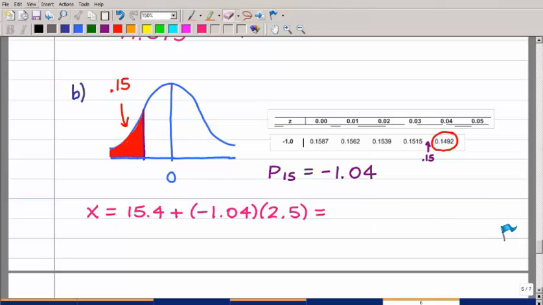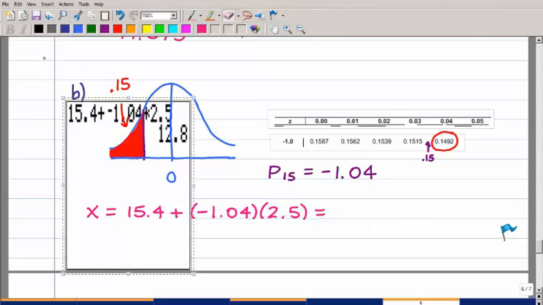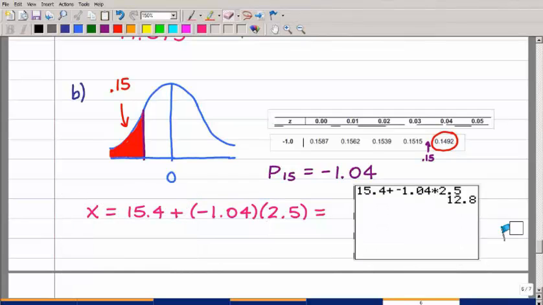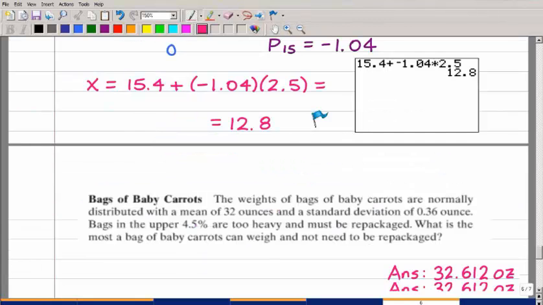So it looks like we got 12.8. So 12.8 pounds of ice cream for the year puts you at the top of the bottom 15%. In other words, the 15th percentile.